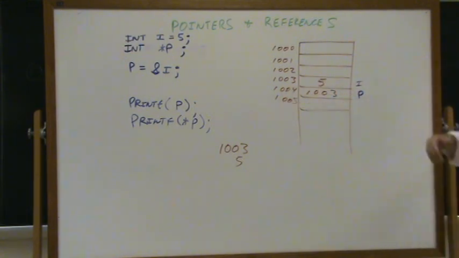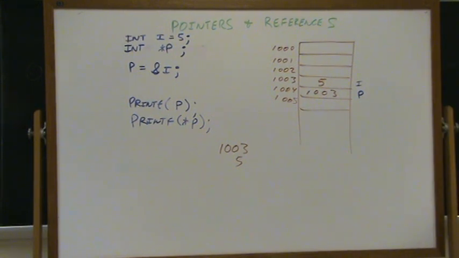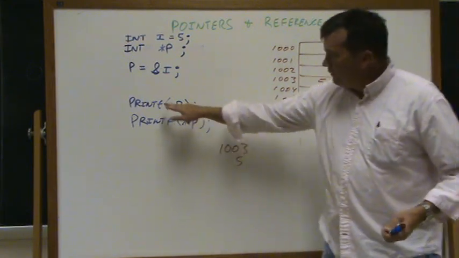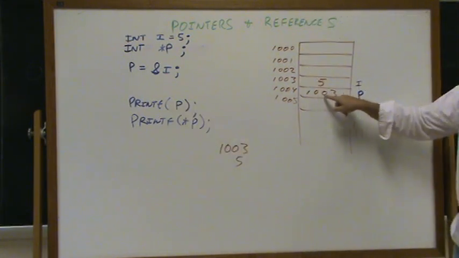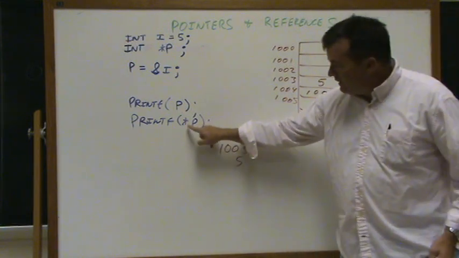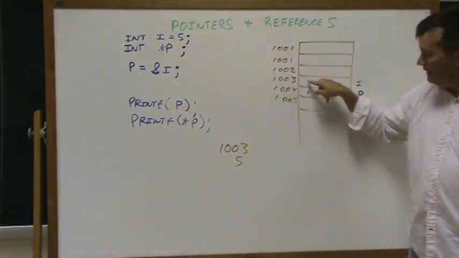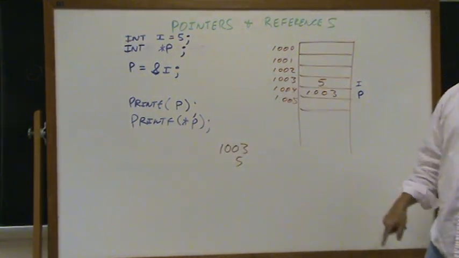So it's always the beginning of a piece of storage. So now if you say print P, that's going to print the contents of P, 1003. If you say print the thing, star means take the address in P and go to that location and then print that thing. This will print 5.